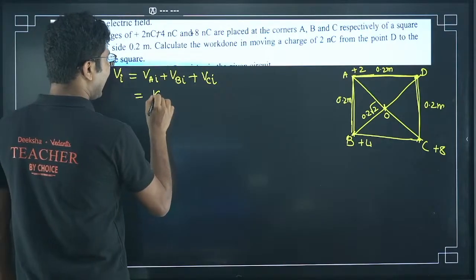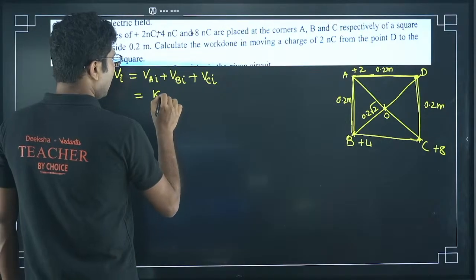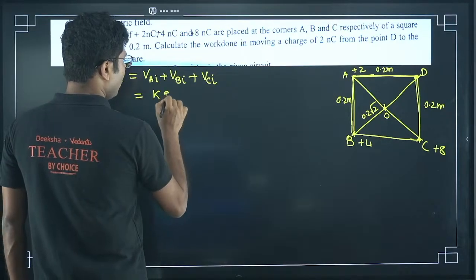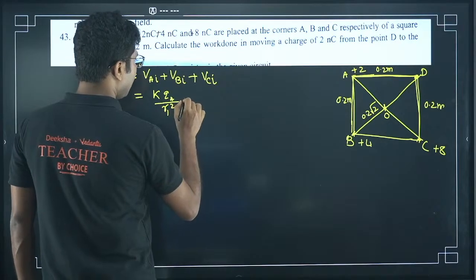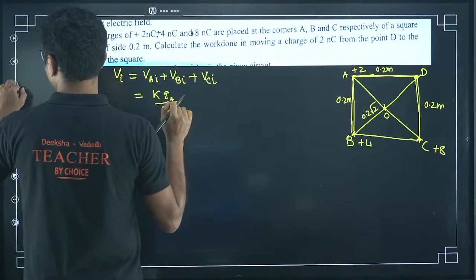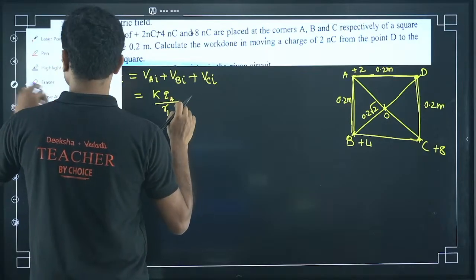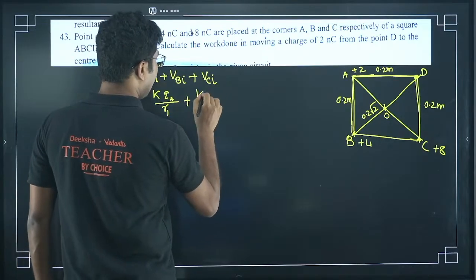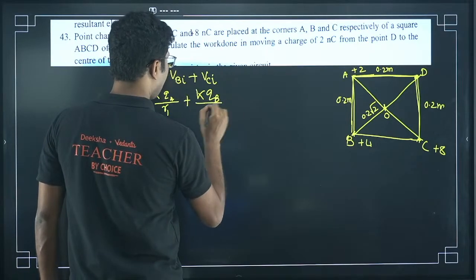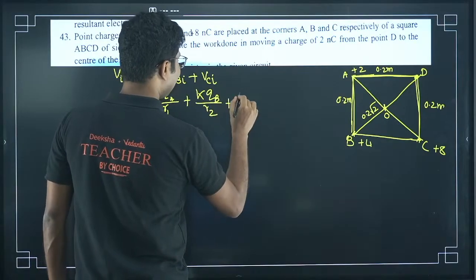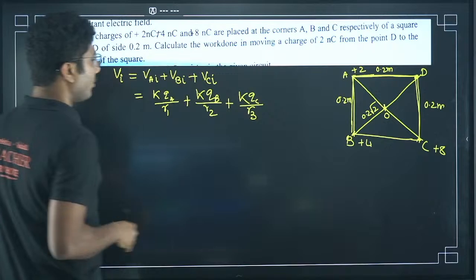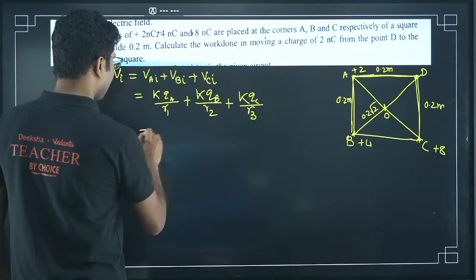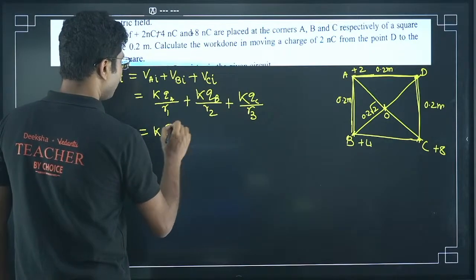So what is V? K Q_A by R1, sorry, not R1 square, plus K Q_B divided by R2 plus K Q_C divided by R3. Okay, let's see what all the charges are, and K is common. So let's put the values.